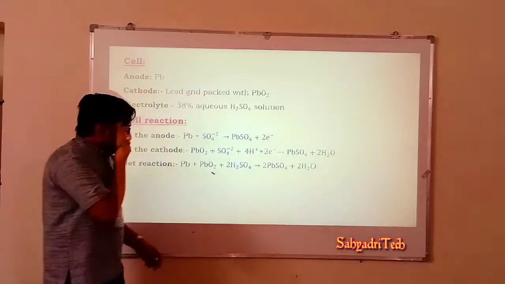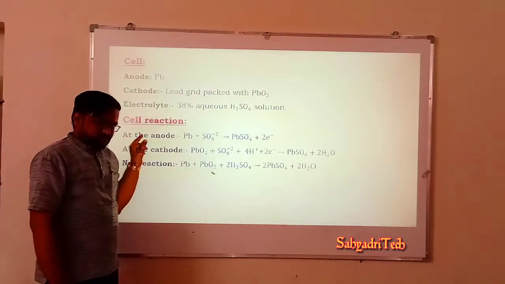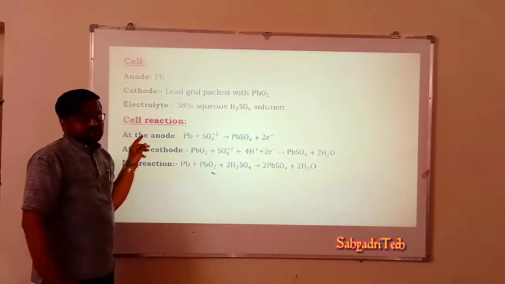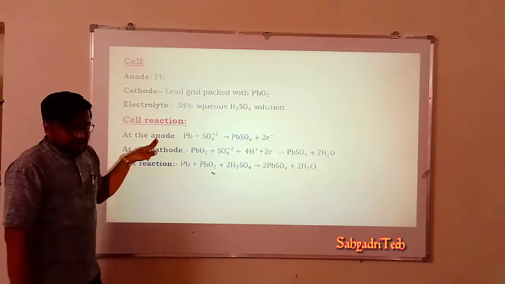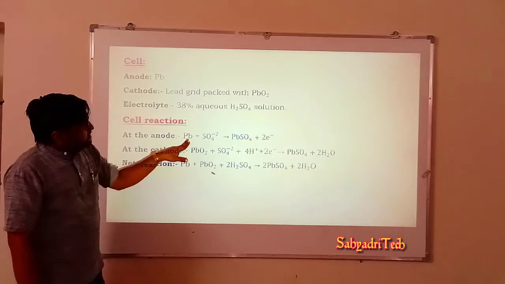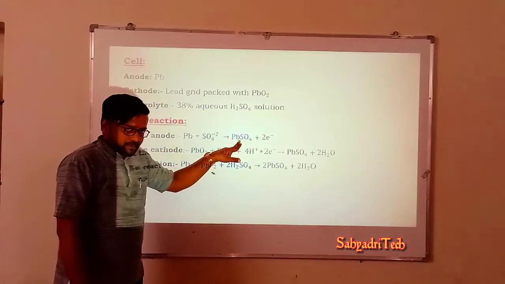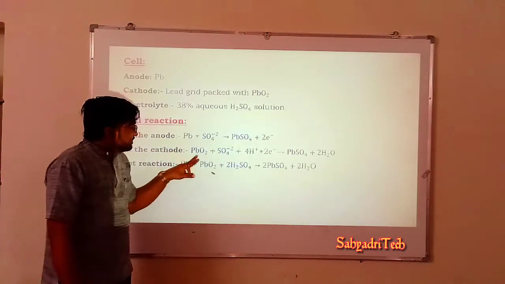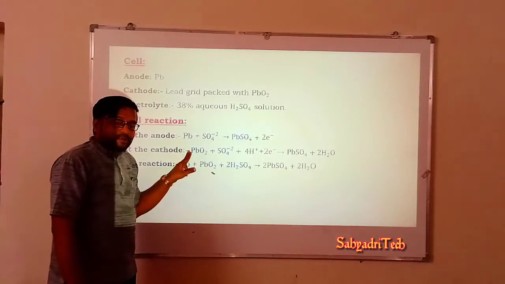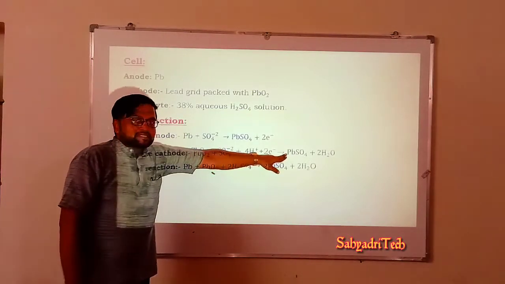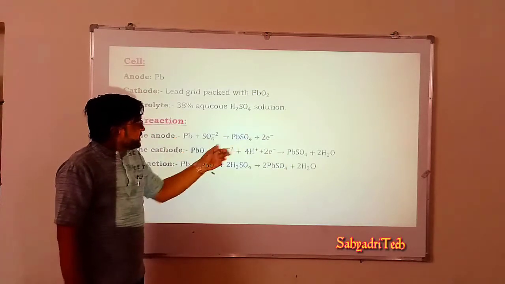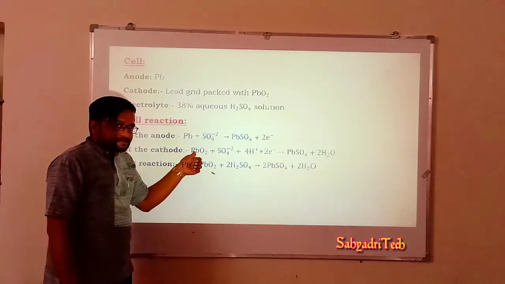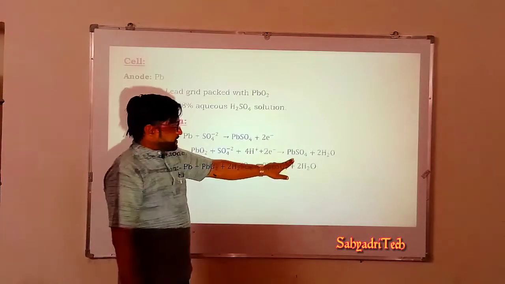So overall, during discharging, means when the battery is under use, at anode lead is converted into lead sulfate, at cathode PbO2, lead dioxide, is converted into lead sulfate. So lead oxidizes to lead sulfate and lead dioxide reduces to lead sulfate.